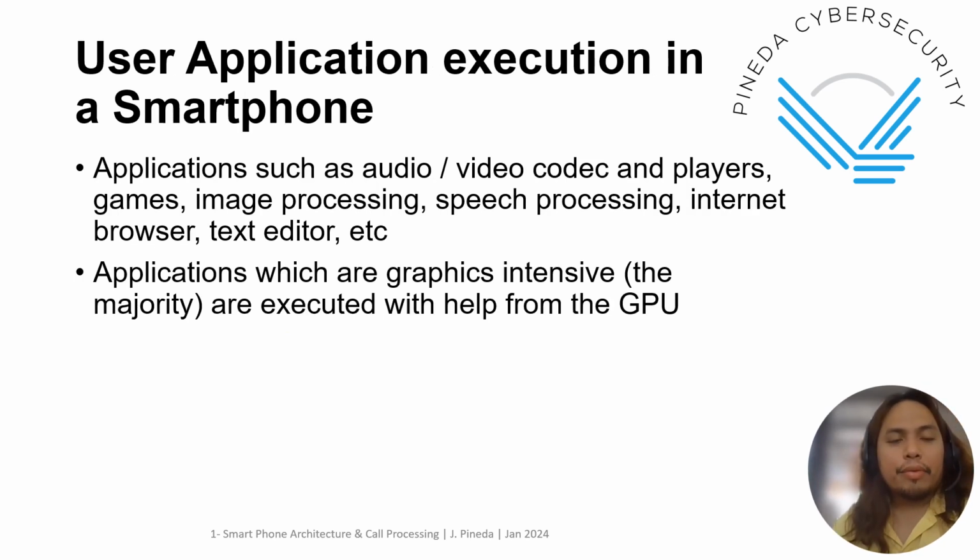And then we have your user application execution in a smartphone. So applications such as your audio, video codec and players, games, image processing, speech processing, internet browser, text editor, etc. The applications which are graphics intensive are executed with the help of your GPU. So at times this would be the selling point of the phone.